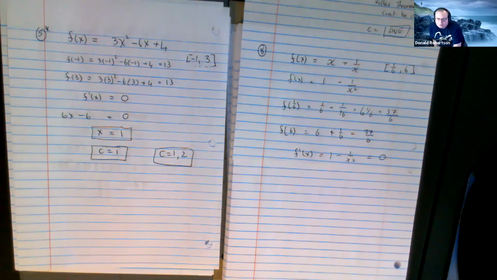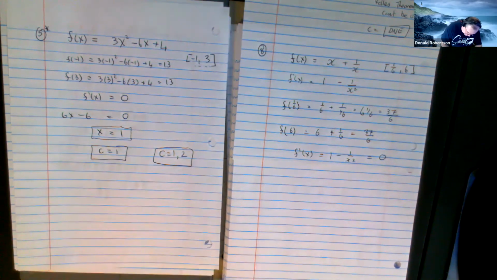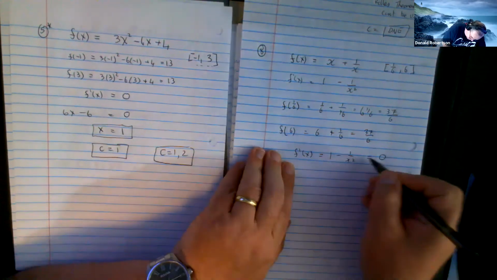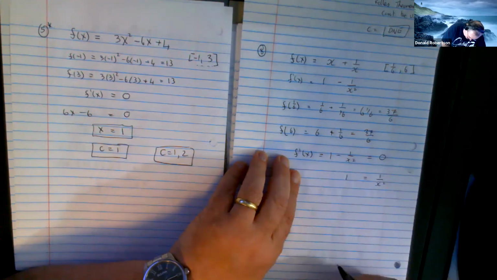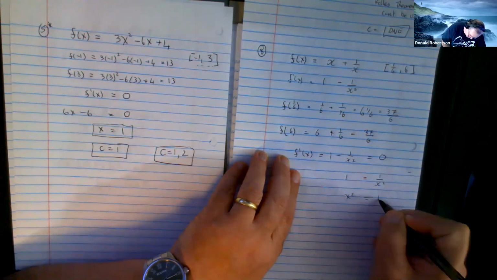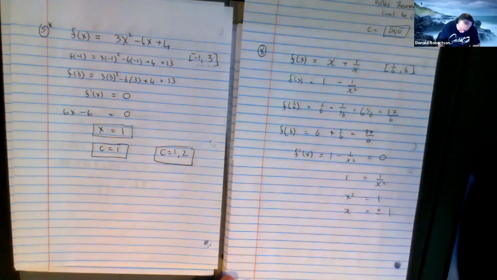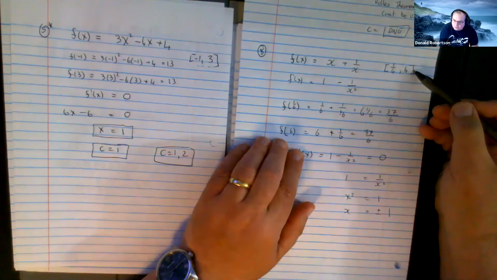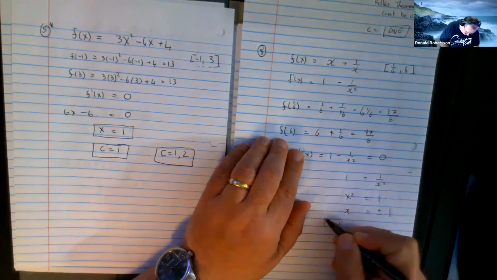And then all we need to do is find what those guys are and stick them in a box called C. Right, if I wanted to solve this equation, there's lots of ways to do it. One of the ways is to cross multiply, and technically I get plus or minus 1, but my interval is only from here to here, so the only one I'm using is 1.